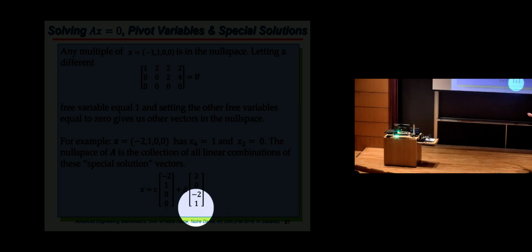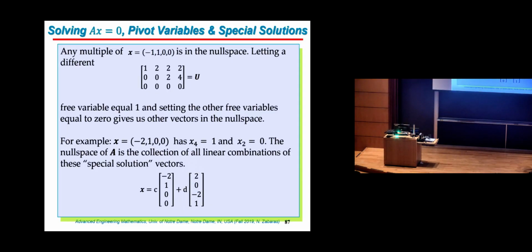Here is again, one is set to 1, the other one is set to 0. And then the rest of the pivot variables are computed by solving Ax equal to 0 uniquely. Okay? And what we get is a null space here that is a plane defined by these two vectors. So any vector that is a combination of these two vectors is a solution of the null space.